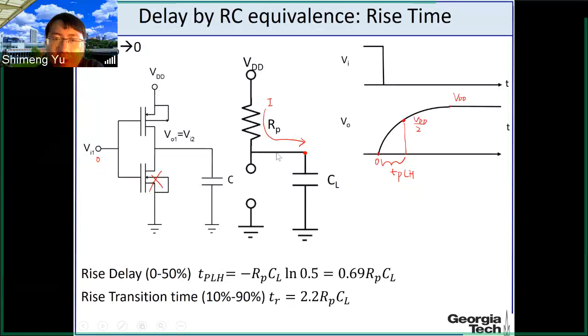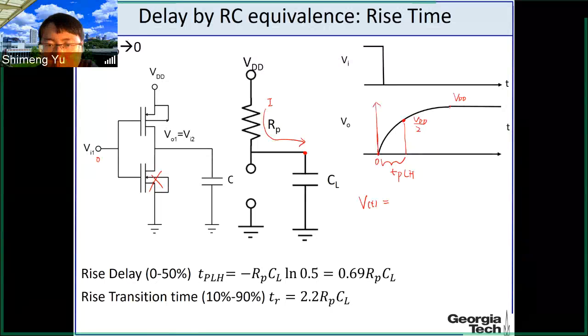For this first order RC circuit, I assume that you have learned this in the 2040 class. It will have a solution like this, the voltage as a function of time.